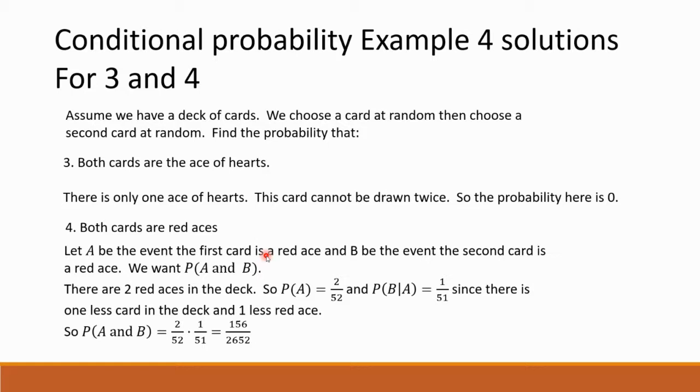The other suits are black, clubs and spades. So there's only 2 red aces in the deck, right? So the probability the first card chosen is a red ace is 2 out of 52.